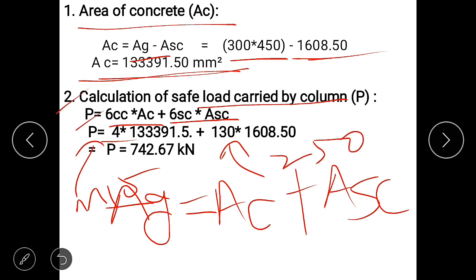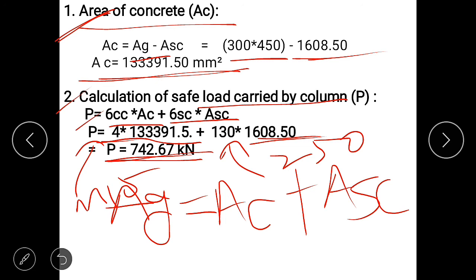AC we calculated in step number 1 as 133391.5, and ASC we already calculated as 1608.50 for 8 bars. So the safe load on column P is 742.67 kilonewton.